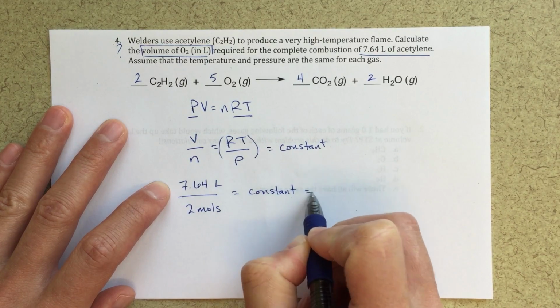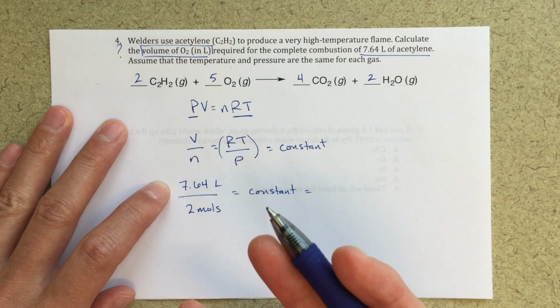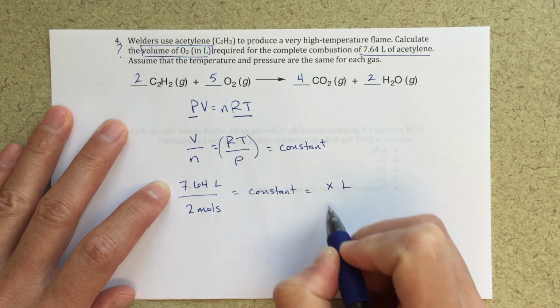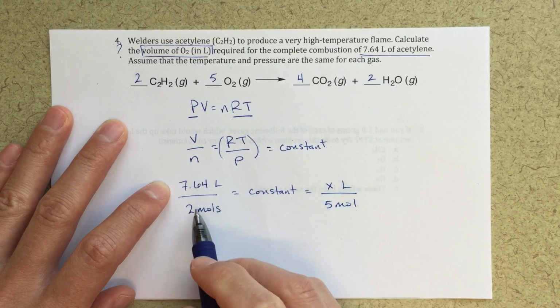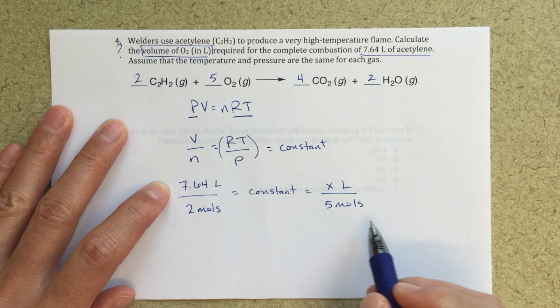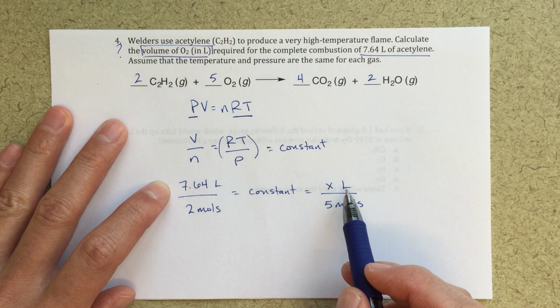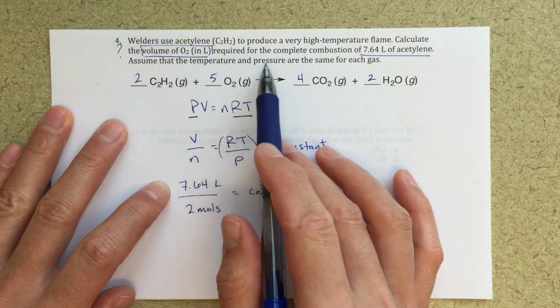And that constant, because we're at constant temperature and pressure, will be relatable to the oxygen as well. For oxygen, I don't know how many liters I have, so I'm going to put X liters. And I know that will be a 5 mole ratio. So it's a 2 to 5 mole to mole ratio, and the liters will be the same sort of ratio if both gases are at the same temperature and pressure.